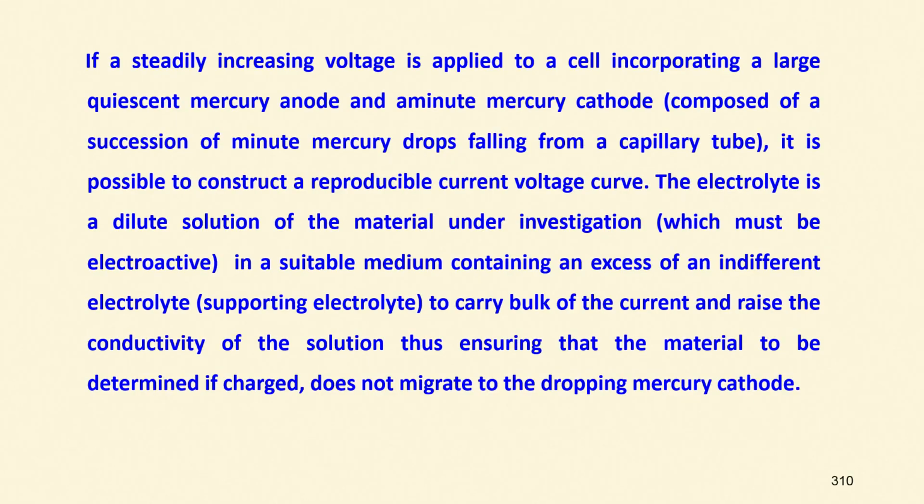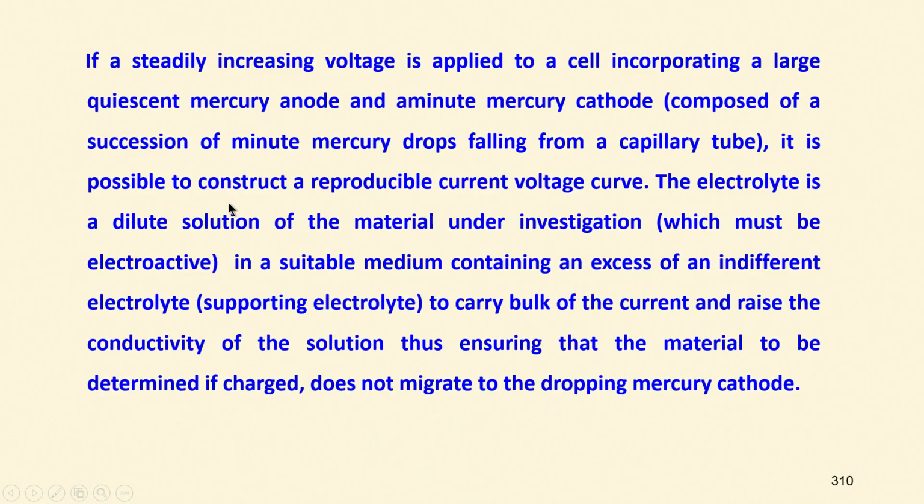Both of them are something like concentration cells, and the cathode has a special property, that is, it is composed of a succession of small mercury drops falling from a capillary tube. So, what I am doing is putting mercury in a beaker, connecting a capillary, and allowing the mercury to fall drop by drop into the solution in which my analytical sample is there.